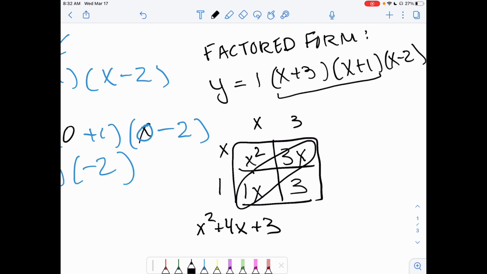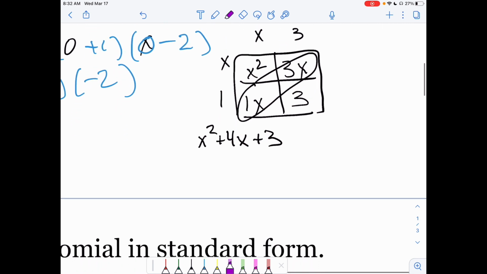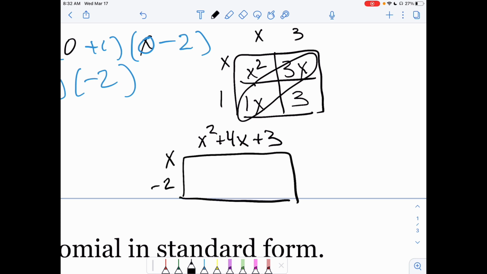I'm not done. I can't forget about this binomial over here. So let me set up a second box. And I'm going to multiply x cubed, 4x squared, 3x, -2x squared, -8x, and -6.